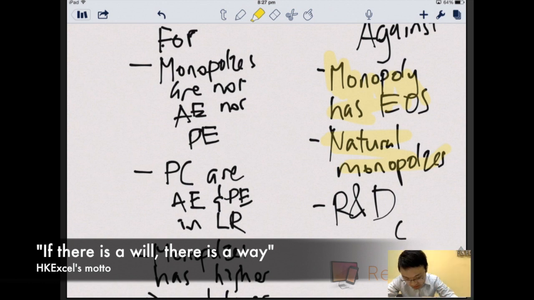The reason is because the cost of production is too high. So if there were 2 firms in the market, both will be making a loss because there will be insufficient demand for each firm, right? That's what natural monopolies are. Natural monopolies are markets that would only exist if it were a monopoly, and that's due to extremely high cost of production, which means that if there were 2 firms, both firms will be making a loss.